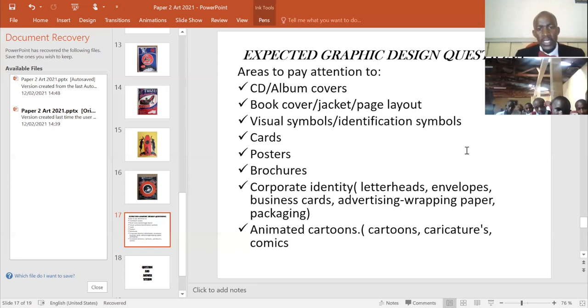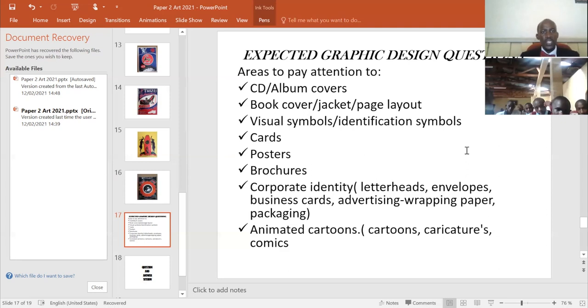Remember, in the K.C.S.E 2018, the candidates were asked to create a logo of a particular institution and then create a brochure, then include the logo of that company in the brochure, advertising some of the services that they offer.